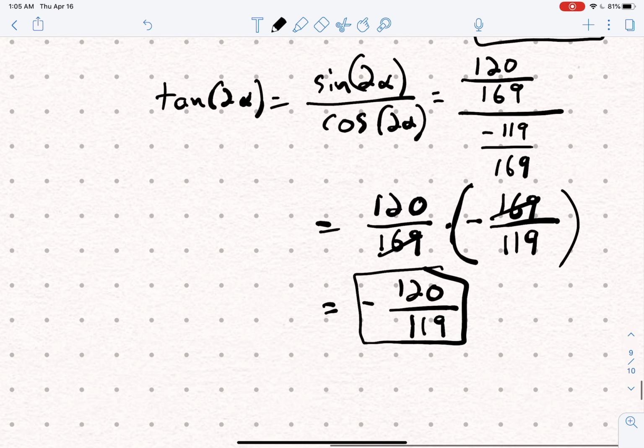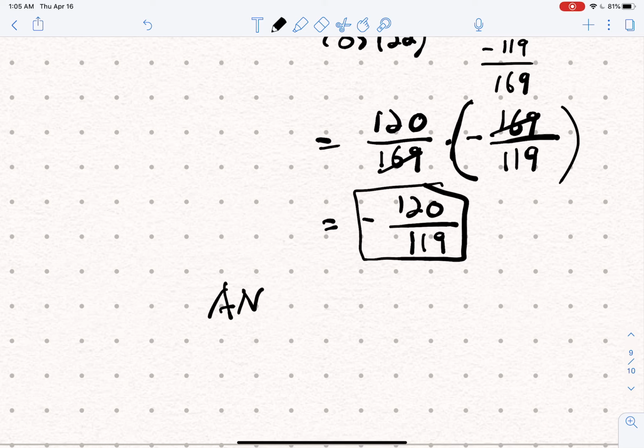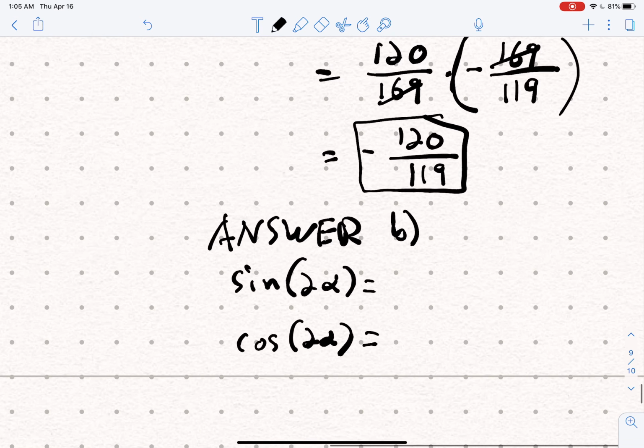So just combining together, I think we found everything. I just want to collect everything into our final answer. This is for B: sine of 2 alpha, cosine of 2 alpha, and tangent of 2 alpha.